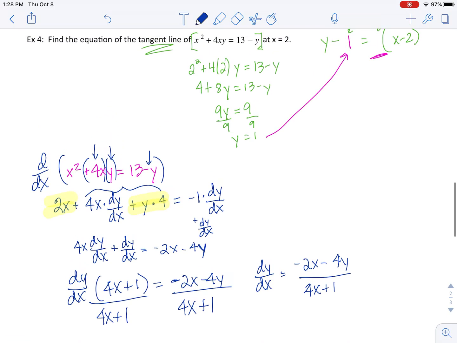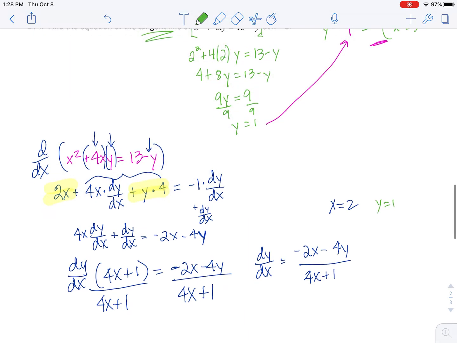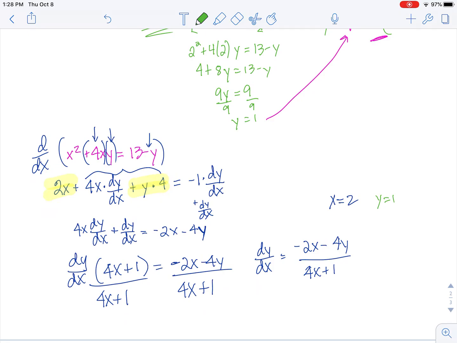Now I have to go back and insert my x value of 2 that was given, and my y value of 1, into this problem. So let's just go all pink here. This is negative 2 times 2 minus 4 times 1 all over 4 times 2 plus 1.